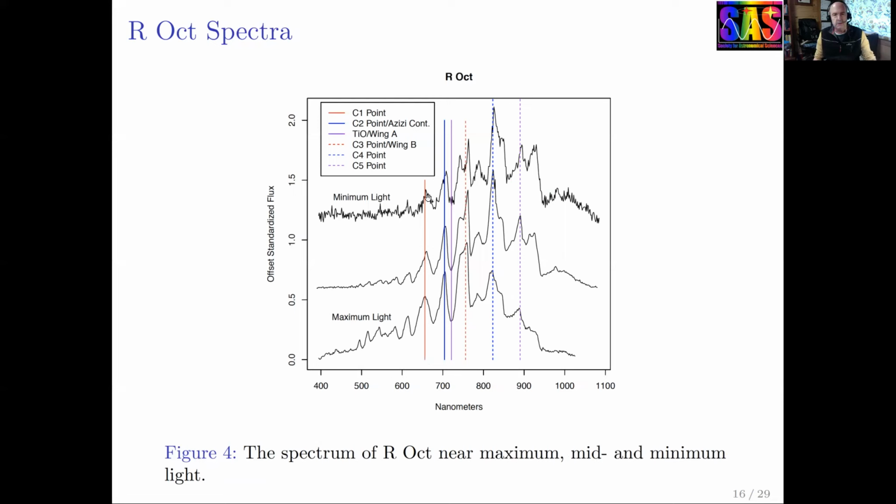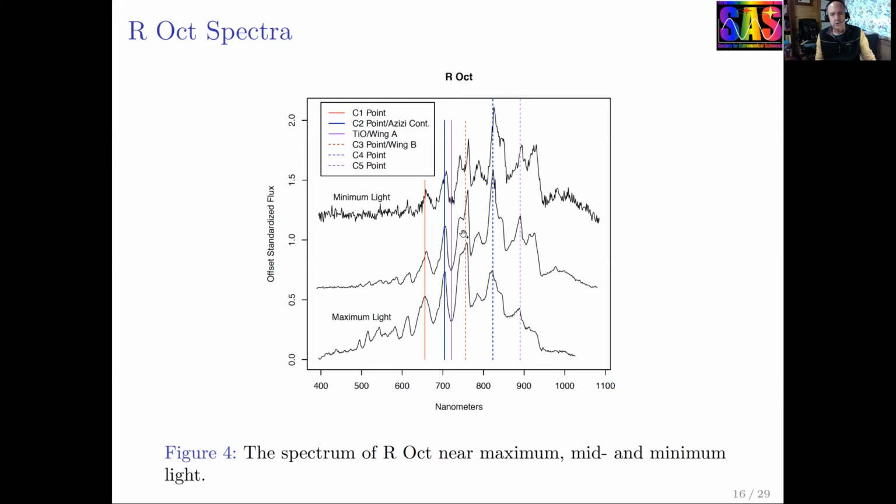Looking at our continuum points, here's C1, C2, C3, C4, C5. The C3 point here has a problem, and this little notch that you see here at maximum light is the vanadium oxide molecule, which is forming in the atmosphere, and it's depressing that continuum point.